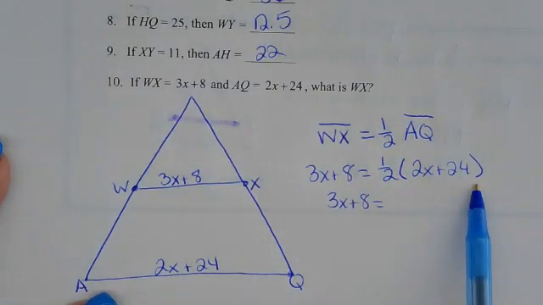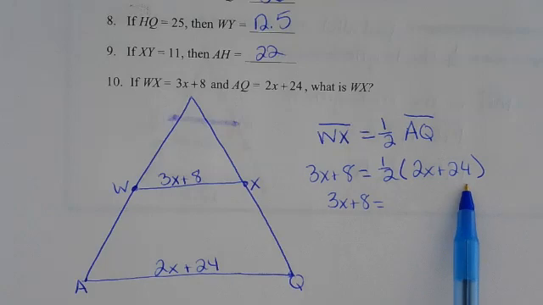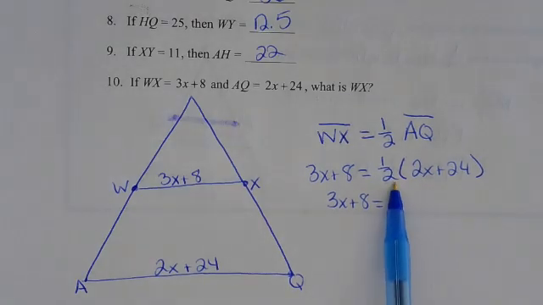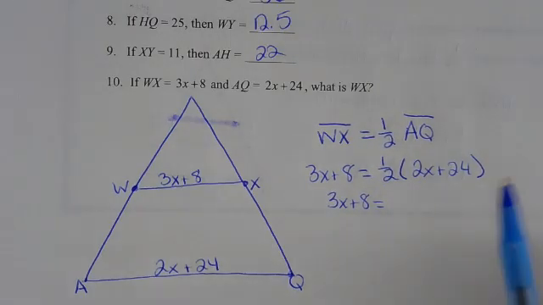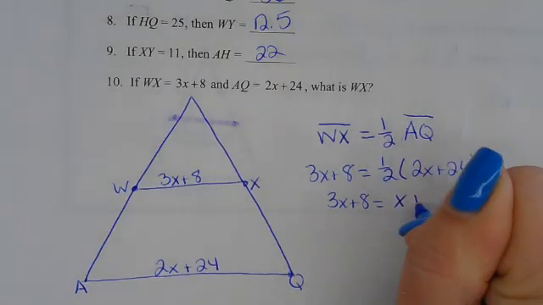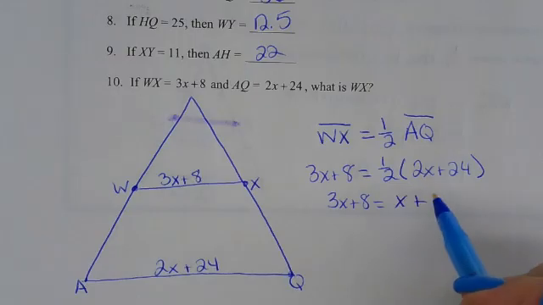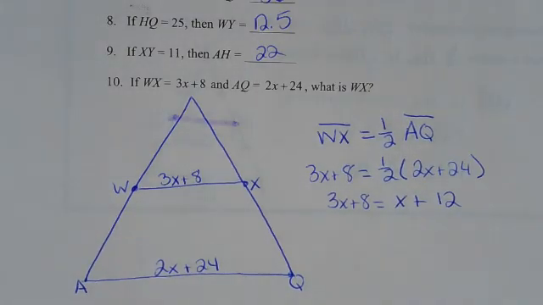However, on the right side, I have a fraction. And my fraction tells me I need to take 1/2 of 2x plus 24. When I have a fraction, I divide by the denominator and I multiply by the numerator. So if I divide 2x by 2, I simply get x. And if I divide 24 by 2, I get 12. Now I need to combine like terms.